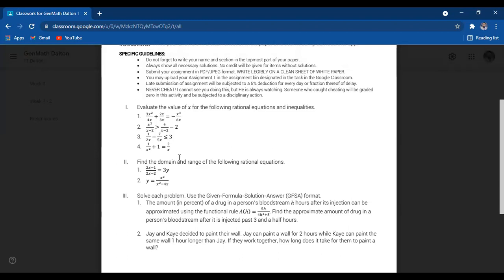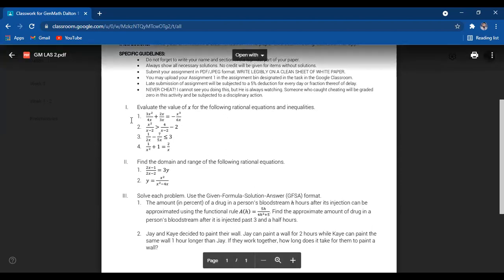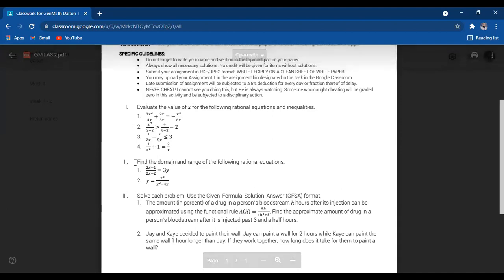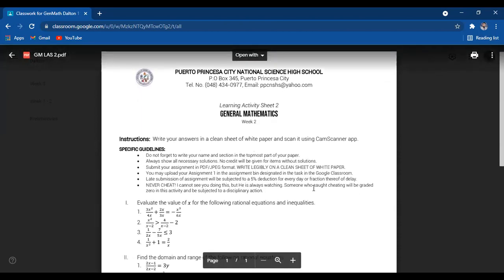Pero sige lang. Tapos, for number 2, find the domain and range of the following rational equations. Yeah, 2 weeks na pala tayo hindi nagka-class kasi, di ba, Teacher's Day last time? So, dapat napanood yun na yun dapat. Anyway, for number 2, find the domain and range of the following... Wait lang. Tama ba to?